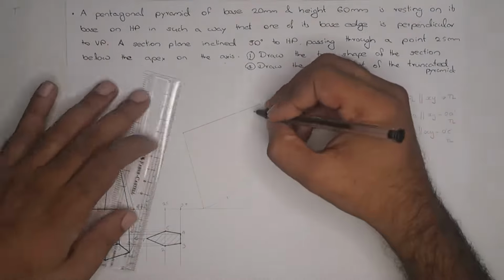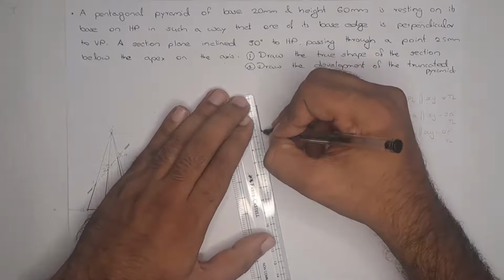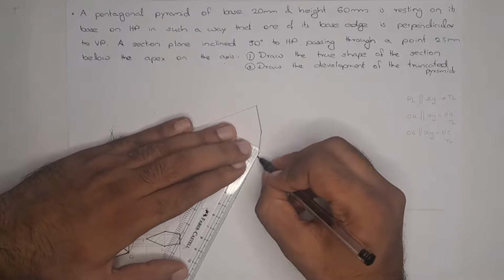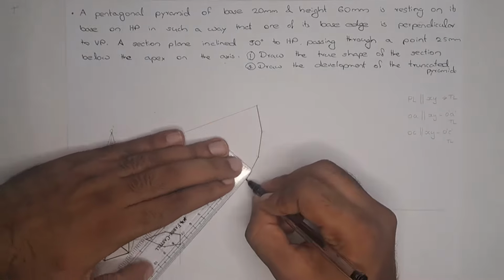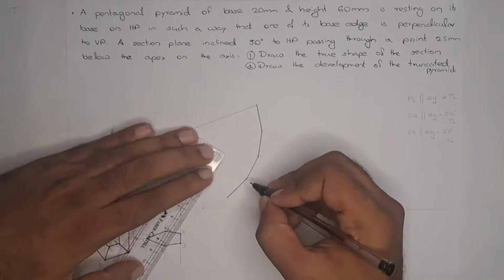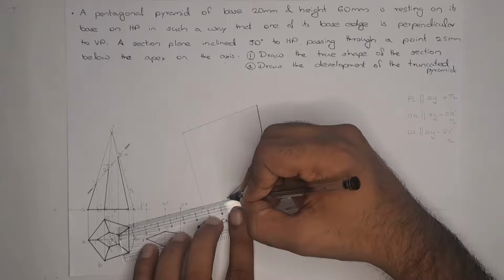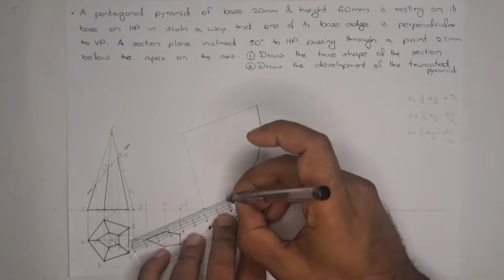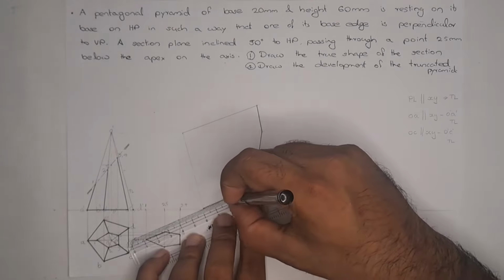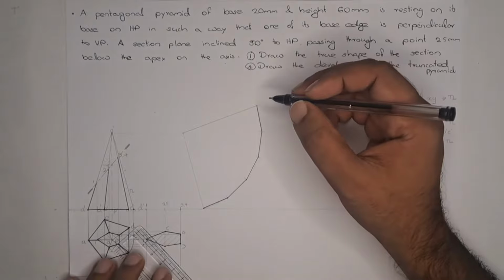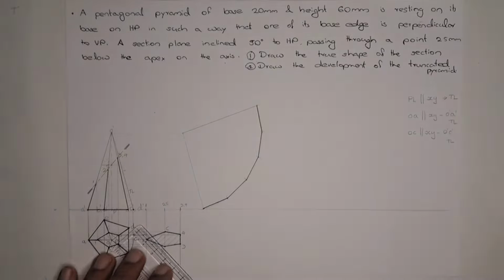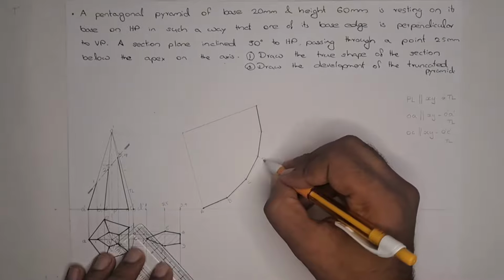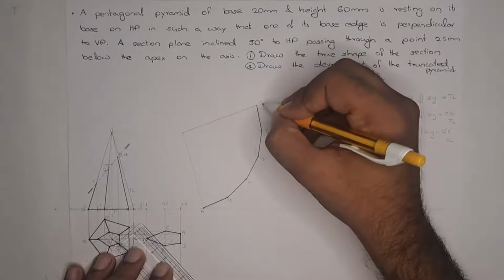Now we have to draw the base edges over here, and the last one here. Now you can name it A, B, C, D, E, then A, the starting.